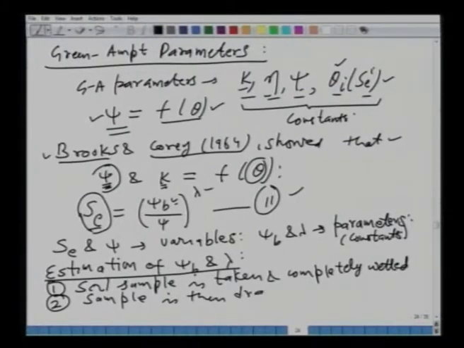Drained means water is allowed to drain or pass through the sample or infiltrate through the sample. And then we take various measurements while the water is getting infiltrated through this soil sample.